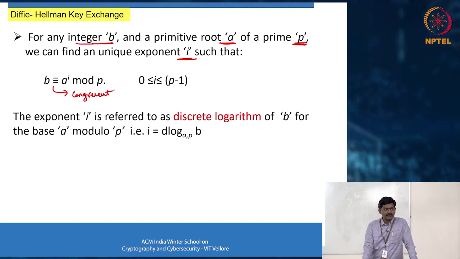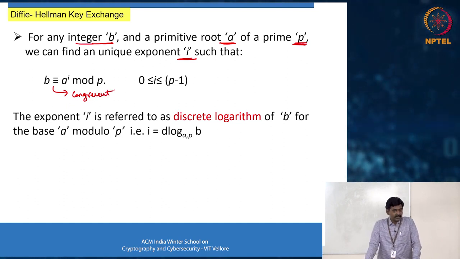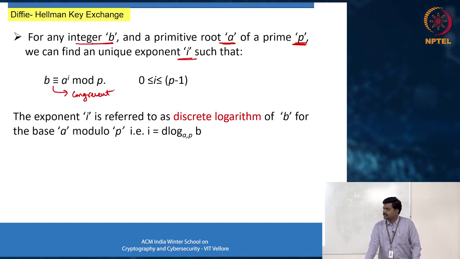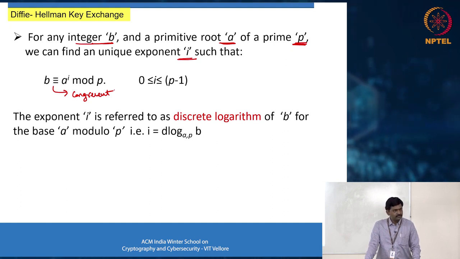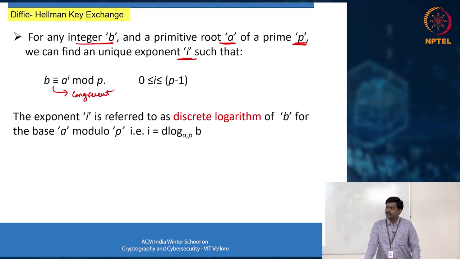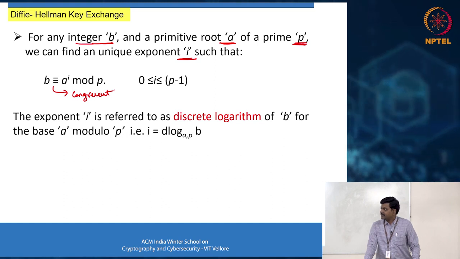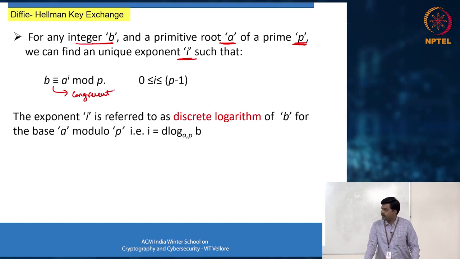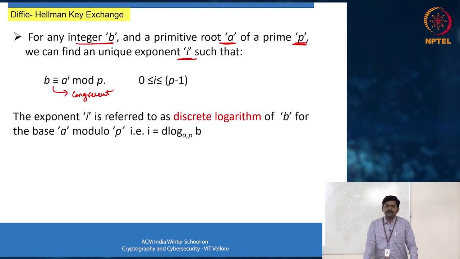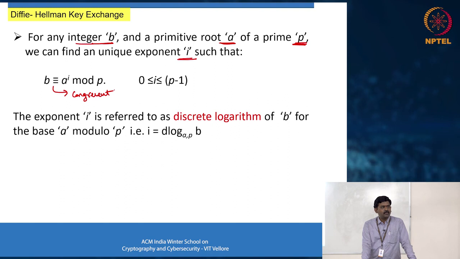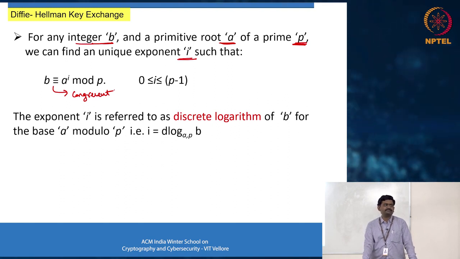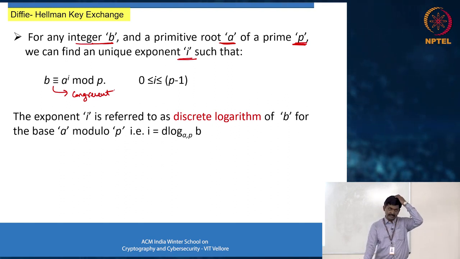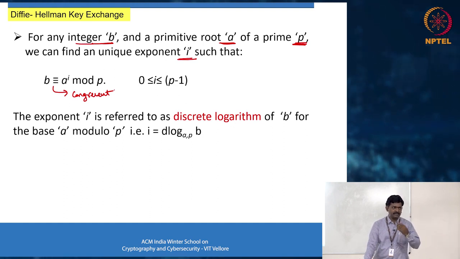okay, it is not equal. It is not equal. Is it equals? No, it is congruent. What is the difference between equivalent and congruent? 5 is equivalent to 5, right? 1 is equivalent to 1, right? If I say 1 and 13 are equal, can I say that? No. 1 is a different number, 13 is a different number.